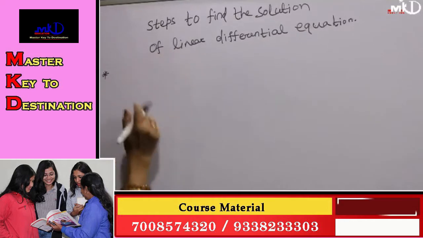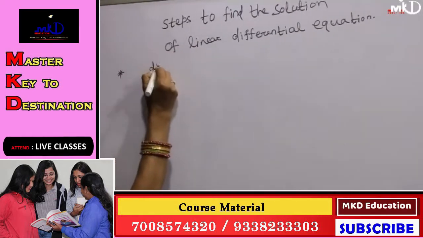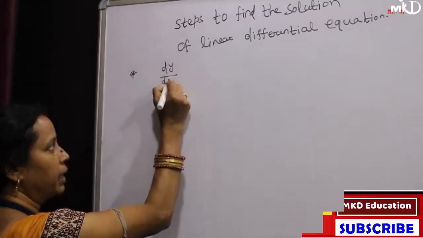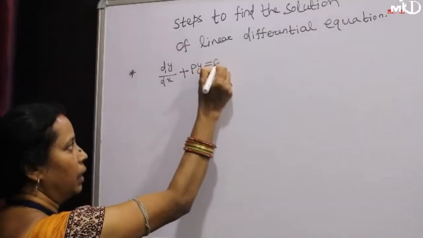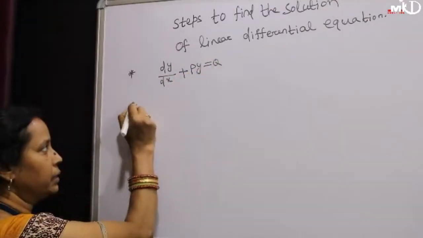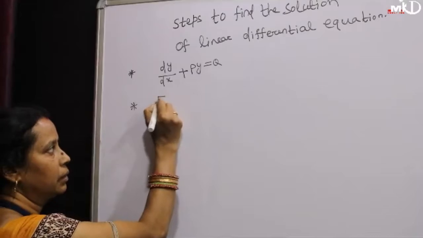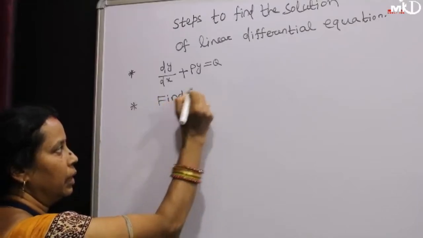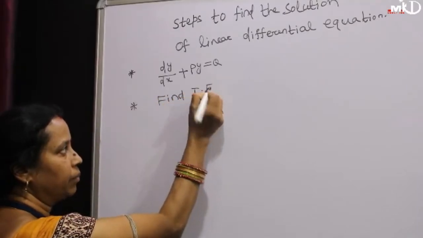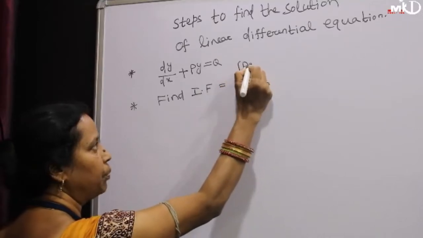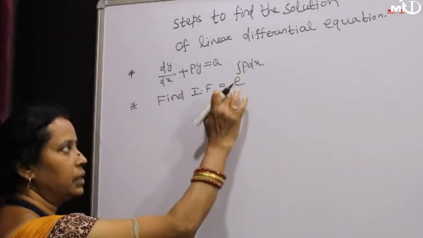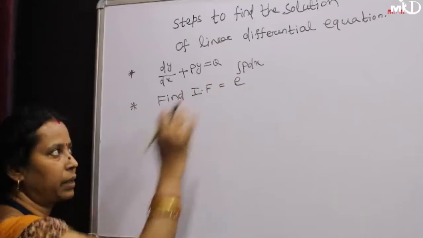We write the linear differential equation in the form dy by dx plus py is equal to q. Then second step, we find an integrating factor which is equal to e to the power integration of p dx. This is called the integrating factor.